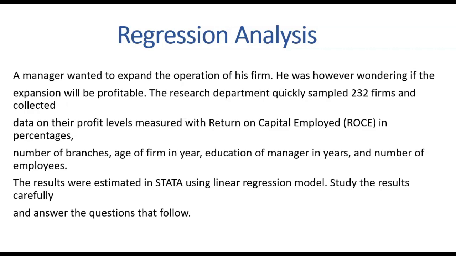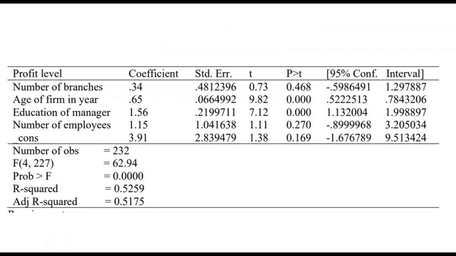So these are the areas that they collected data on to see if these areas have any relationship or influence on the profit level. Okay, and the results were estimated from the data using a regression model. So we are to study the results and answer the questions.